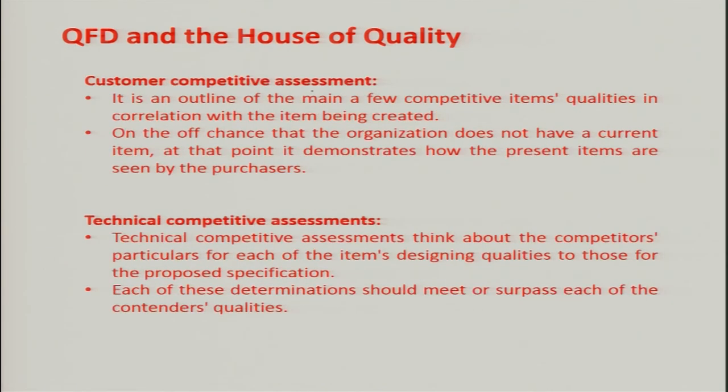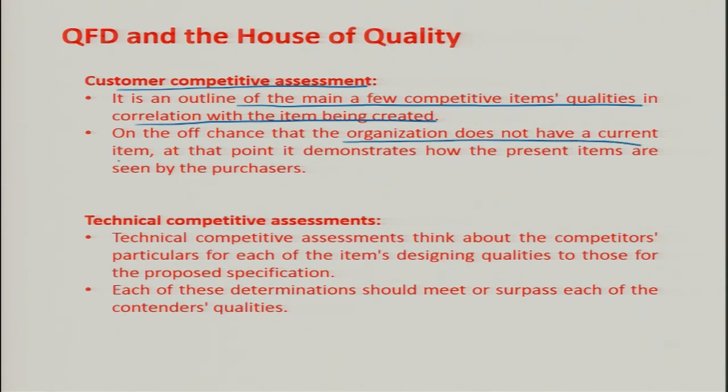The customer competitive assessment that we had on the right hand side in our house is an outline of the main few competitive items' qualities in comparison with the item being created. If the organization does not have a current item at the point, this customer competitive assessment demonstrates how the present items are seen by the purchasers or the customers.